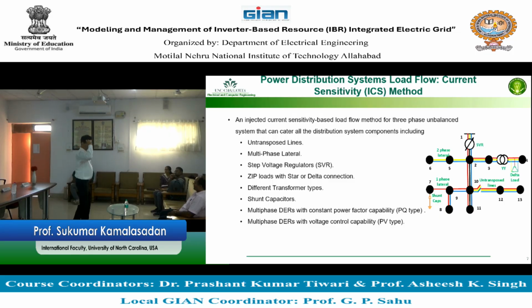Such inverters are modeled generally as PQ type. It's like a load. Such an inverter or the PV plus load is called net load. The only difference is that it is a negative load. You agree? So it's called PQ type.